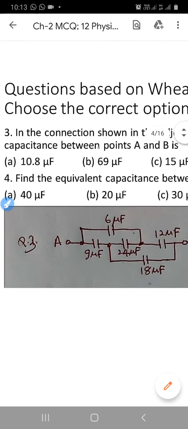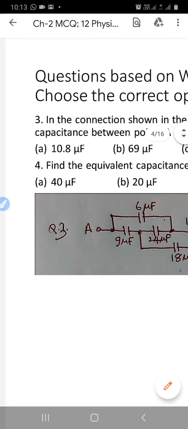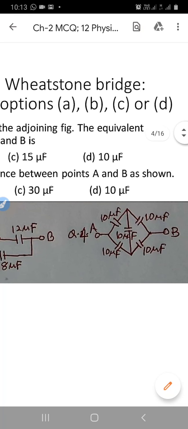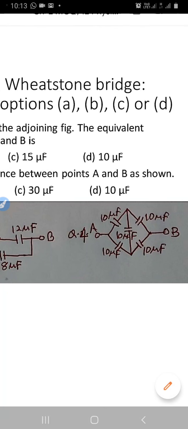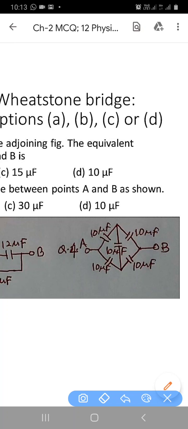For question 4, find the equivalent capacitance between points A and B as shown in the figure. A 40 microfarad, B 20 microfarad, C 30 microfarad, D 10 microfarad. So for this question you see here also the same one, cross multiplication, 10 into 10 equal to 10 into 10, 100.